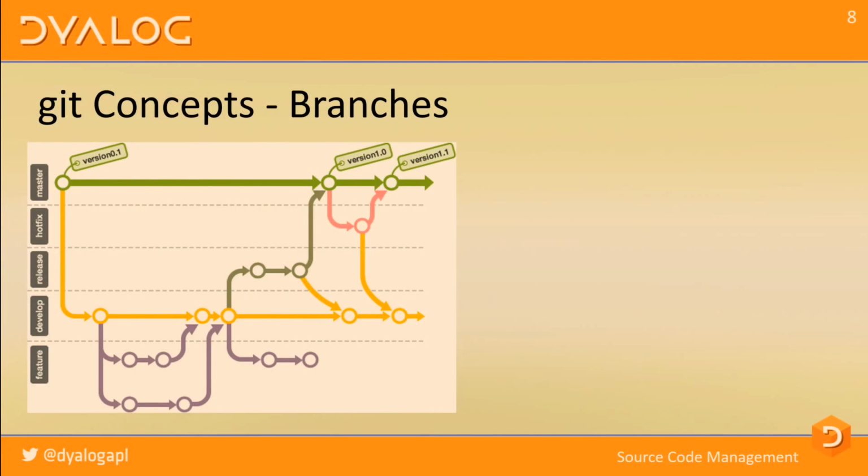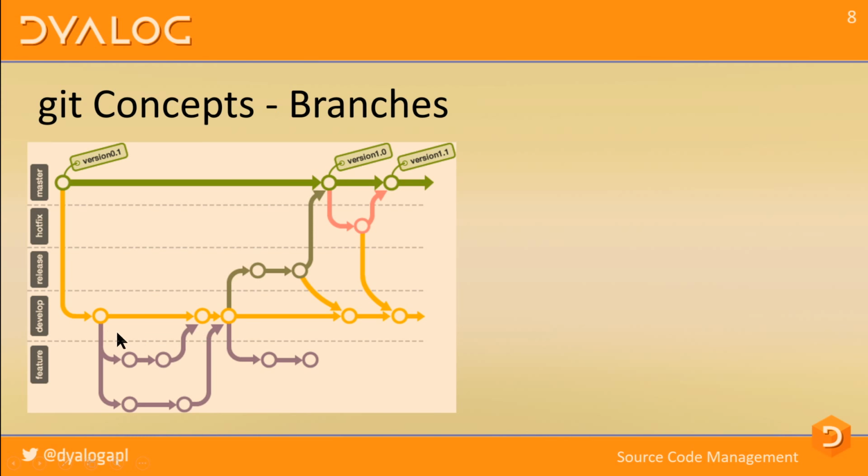Yep. So here's a little diagram that I found. Here's the master branch, and here's a branch for some sort of a hot fix. A bug got reported and you want to prioritize that and turn that out quickly. Then you've got a release branch, which is basically where you're going to create your official releases from.